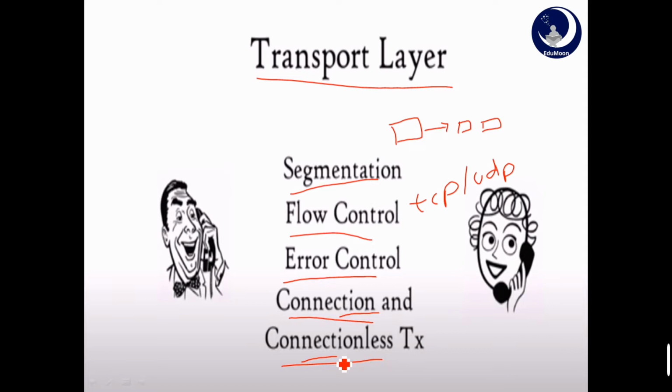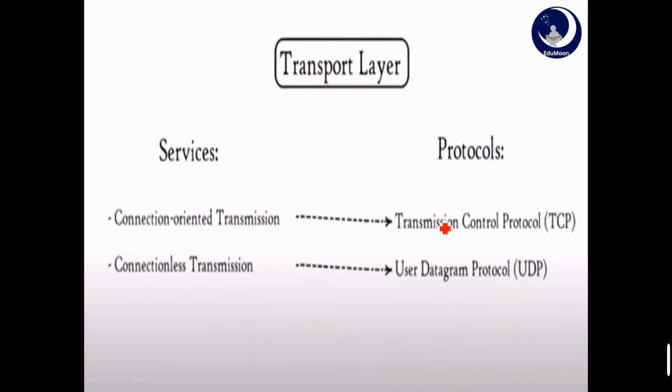UDP is faster than TCP and UDP does not provide any feedback to the user, whereas TCP provides feedback. So when our data is lost, we can retrieve it very easily. Example of UDP is video games, whereas the example of TCP is the WWW, that is the World Wide Web.